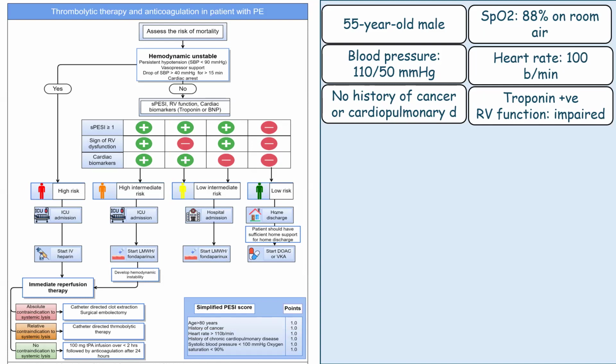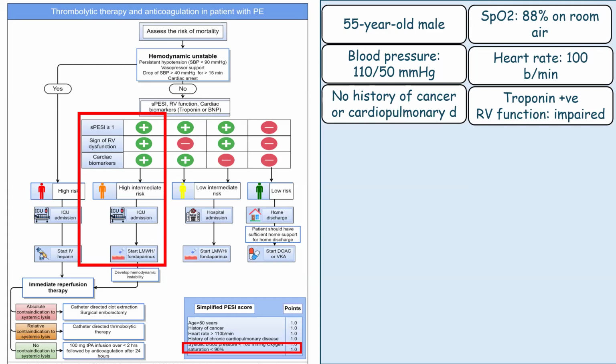Because the saturation is less than 90%, this patient takes 1 point in the simplified PESI score, and he has both RV dysfunction and a positive cardiac biomarker. So this patient is considered high intermediate risk. The patient will start on low molecular weight heparin or fondaparinux, and we watch the patient. If the patient develops hemodynamic instability, the patient will need immediate reperfusion therapy.